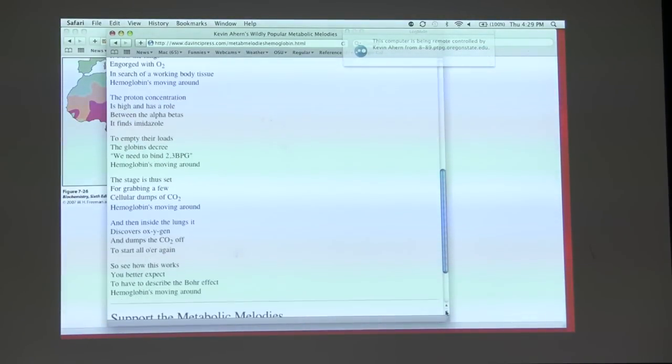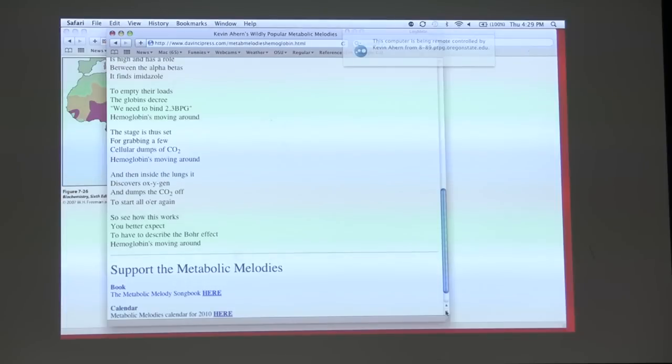Hemoglobin's moving around. The proton concentration is high and has a role. Between the alpha betas, it finds imidazole, that's histidine by the way, to empty their loads. The globins decree, we need to bind to 3-BPG. Hemoglobin's moving around. The stage is thus set for grabbing a few cellular dumps of CO2. Hemoglobin's moving around. And then inside the lungs it discovers oxygen and dumps the CO2 off to start all over again.